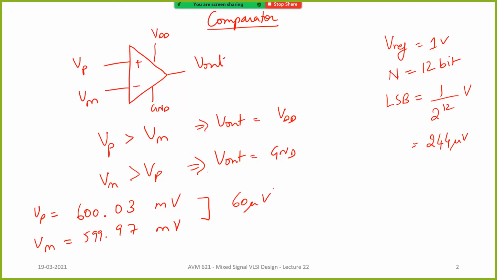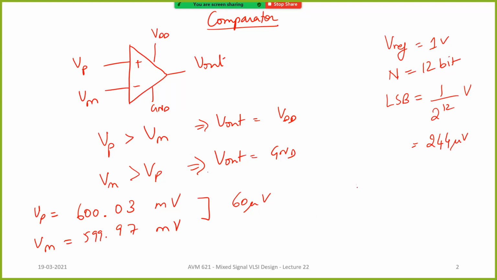Now, how do you go from plus 60 microvolt to VDD? So you're saying directly use an op amp in open loop, that's what you're saying. It has its open loop gain, so it might work. But the open loop gain might not be enough to amplify 60 microvolt to VDD.